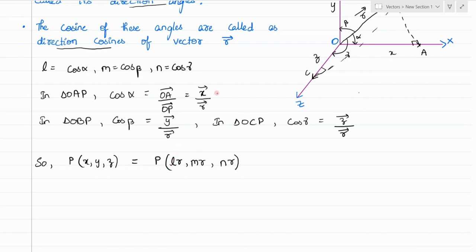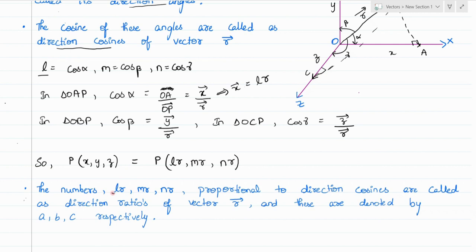From here, we can write x as cos alpha times R. Cos alpha is nothing but L, so L times R. Similarly, y can be written as M times R and z can be written as N times R. Here basically it's not a vector, actually it's a side. If we talk about the magnitude, it basically talks about the side. So x, y, z can be represented as LR, MR, and NR.